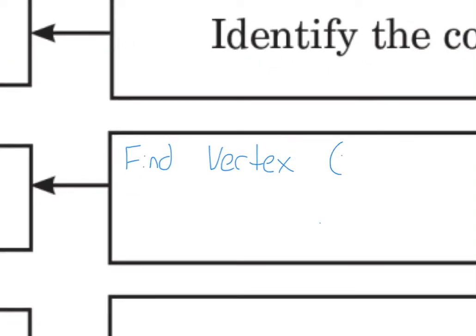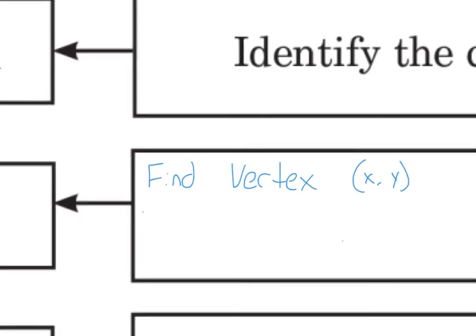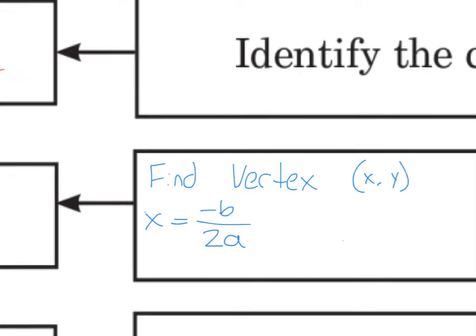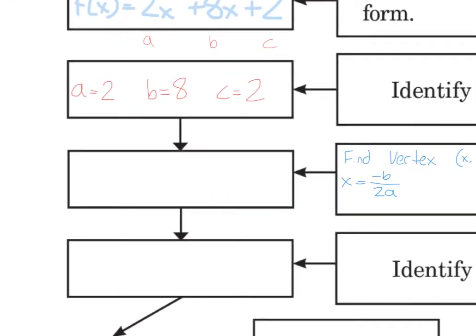The vertex is a coordinate point, x comma y. To find the x-coordinate of our vertex, we will use the formula negative b divided by 2a.